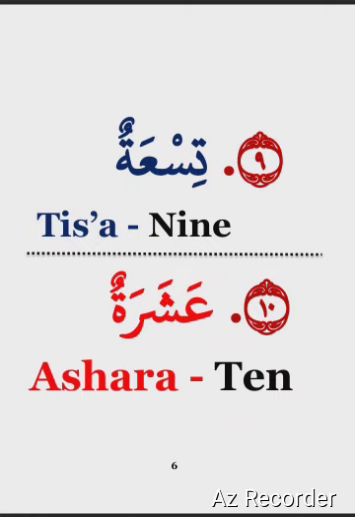9. 10. So 10 is a combination of 1 and 0.